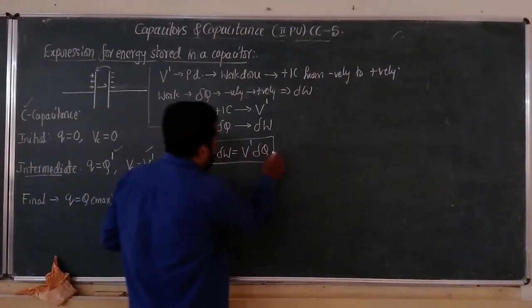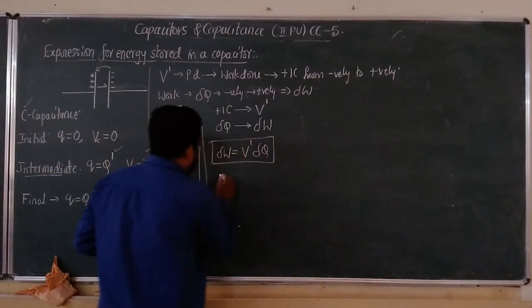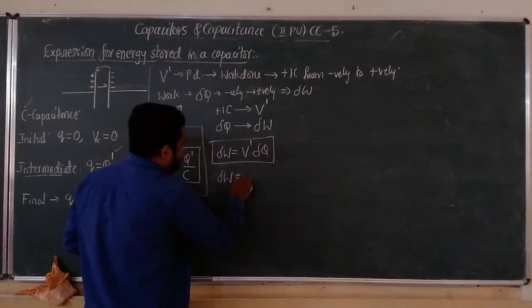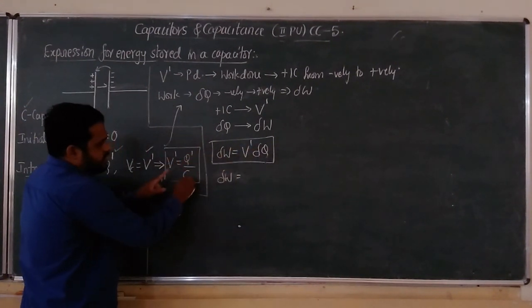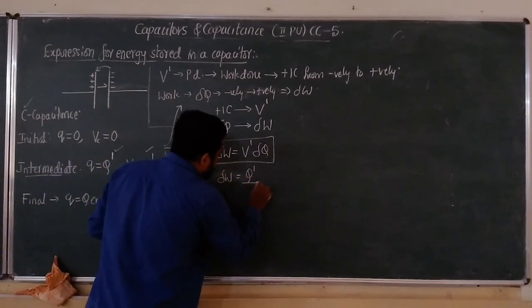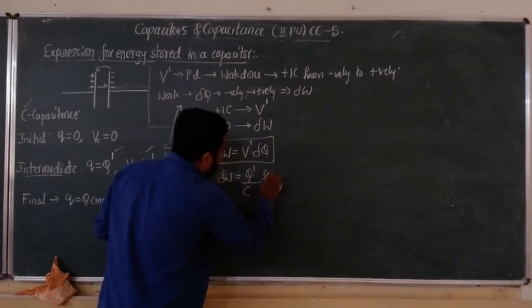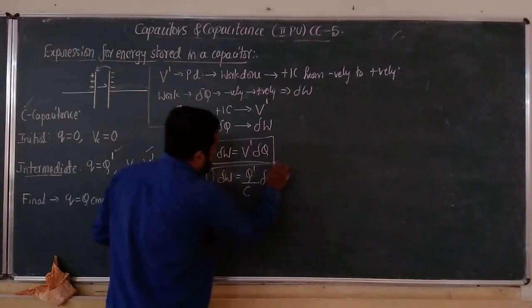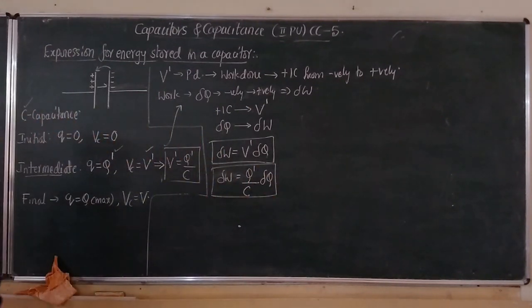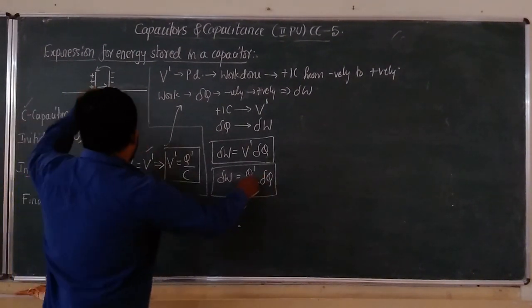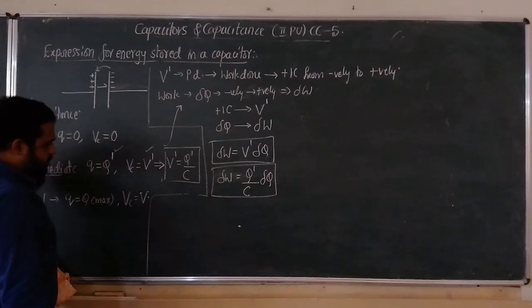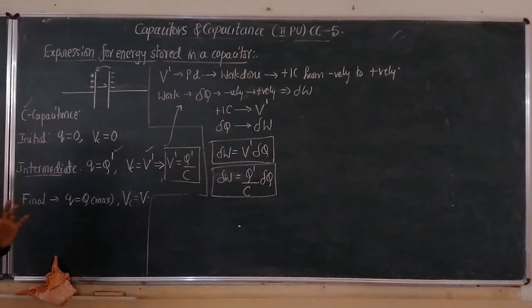It is equal to V dash into delta Q, or delta W can be written as, now V dash is Q dash divided by C, therefore Q dash by C into delta Q. Okay, delta W is equal to Q dash divided by C into delta Q. This is the amount of work done in shifting delta Q charge from the negative plate to the positive plate against the electric field.